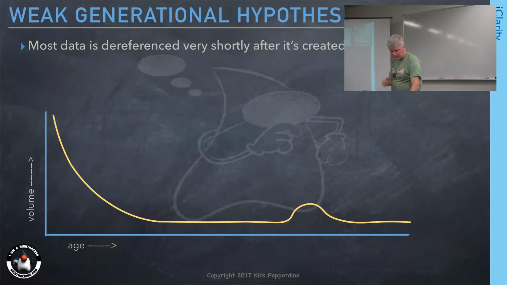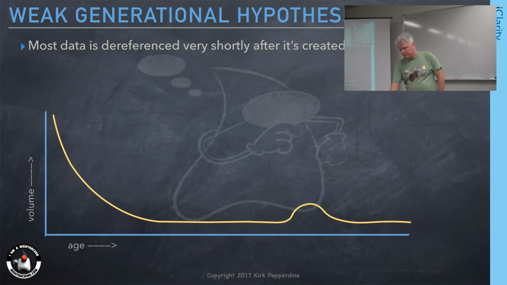The reason why this works is because of this curve here, which is known as the weak generational hypothesis. What the weak generational hypothesis says is that the longer data lives, the longer it will live. Most data is garbage collectible before it leaves the CPU, and that's what that curve represents.